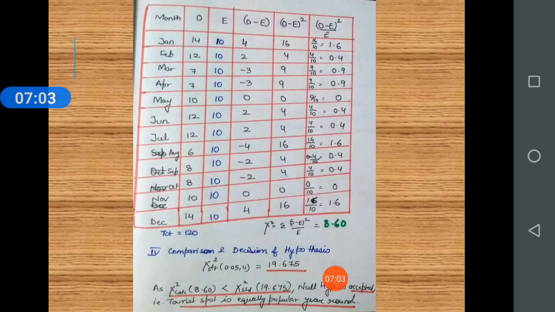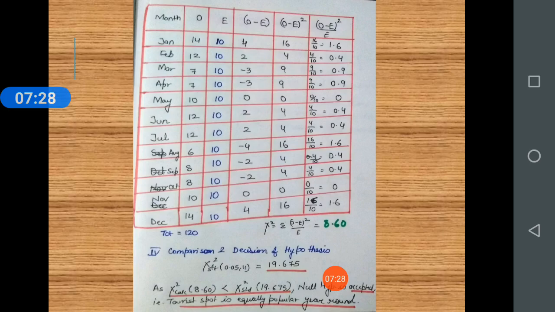Now we have both the values, chi-square calculated equal to 8.60 and chi-square standard equal to 19.675. As we discussed earlier, the chi-square test is a right-tailed test, which means the rejection region lies on the right-hand side. That is, if the chi-square calculated value is higher than the chi-square standard value, then only the null hypothesis will be rejected, else it has to be accepted.